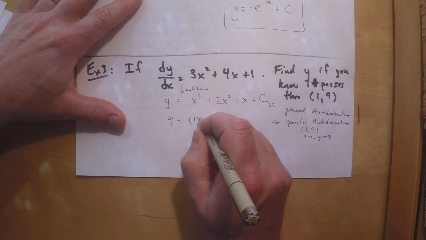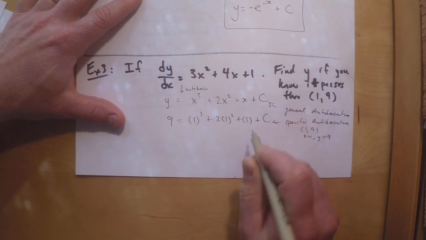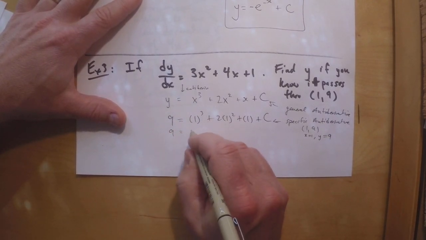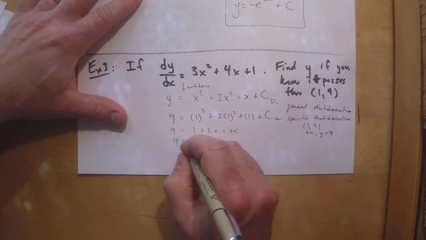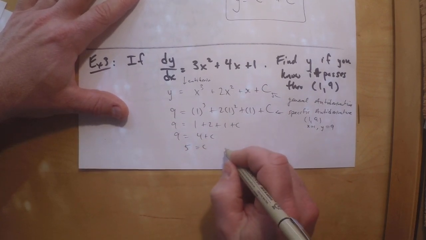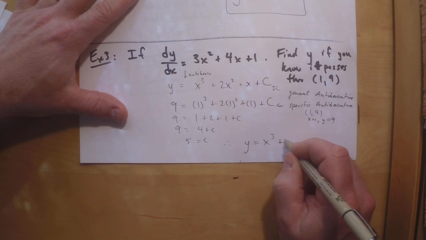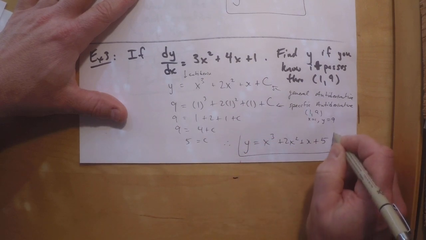I'll make the x 1. And I can solve for c. So 9 equals 1 plus 2 plus 1 plus c. That adds up to 4. So solving for c must equal 5. Therefore, our specific antiderivative must be this function.